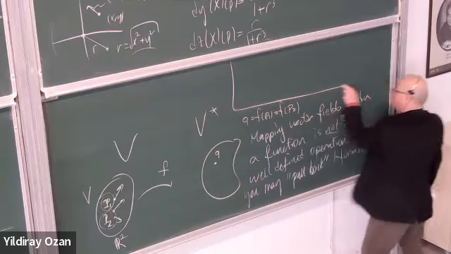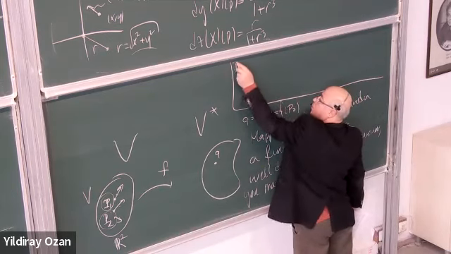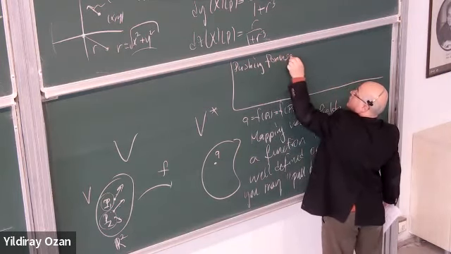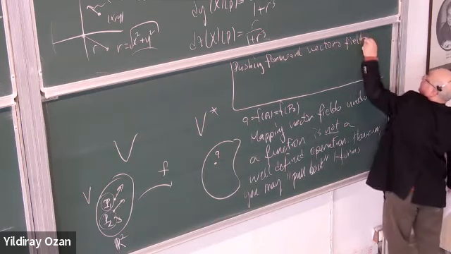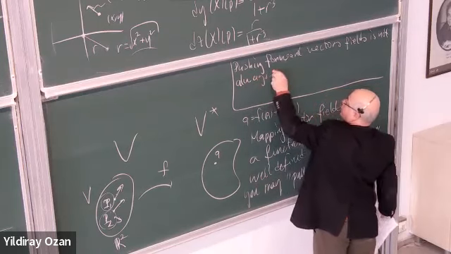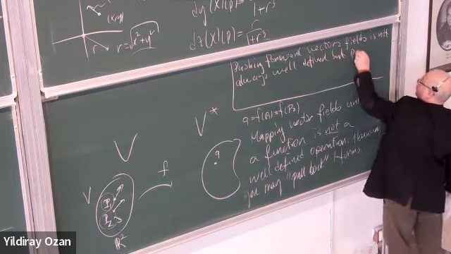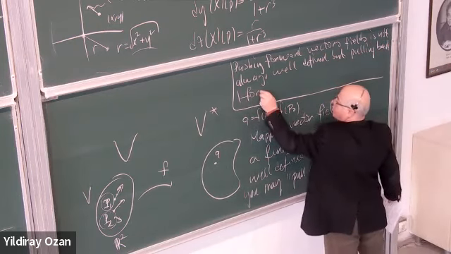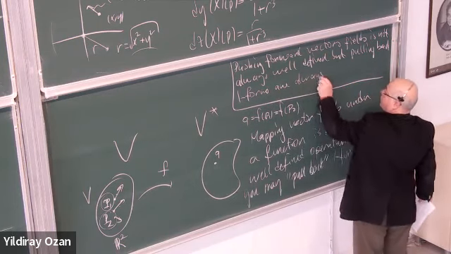So let me write it here. Pushing forward vector fields is not always well defined, but pulling back one forms is always well defined.